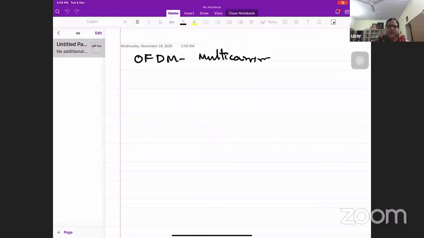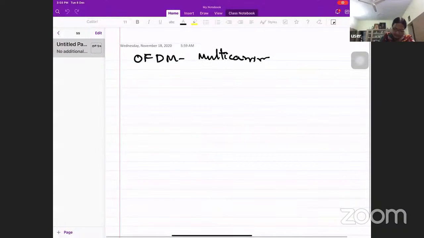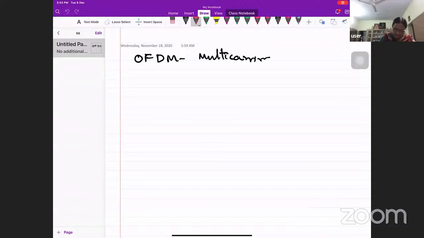Here, what I want to tell you is orthogonal frequency division multiplexing, OFDM. As I said earlier, this is my digital domain, this is my frequency domain, and small x of n is the time domain signal.